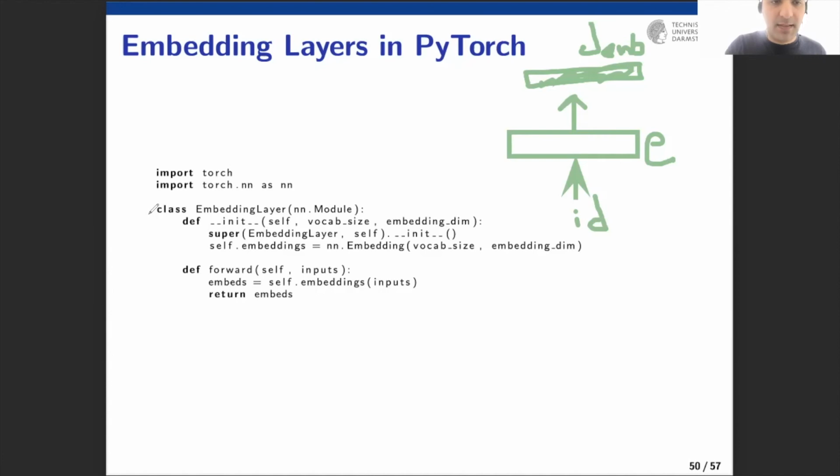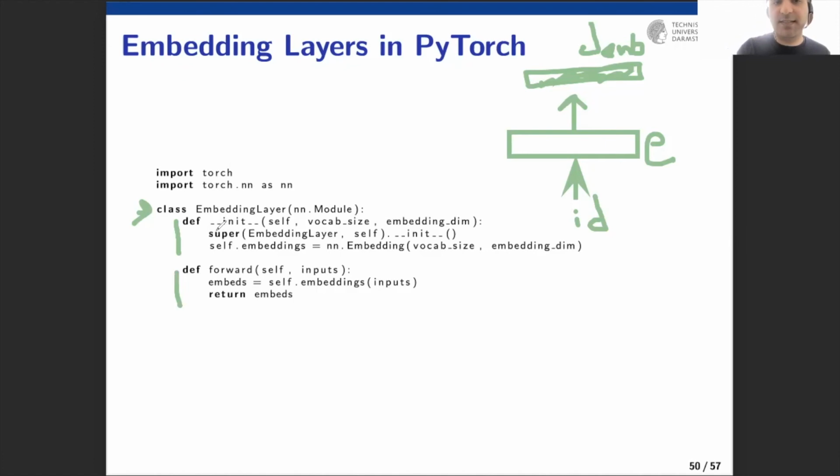Okay. So the best way is to define it like a class. So we define a class which is inherited from the neural network module, because it is some sort of neural network. Any neural network model that you define in PyTorch consists of at least two functions.